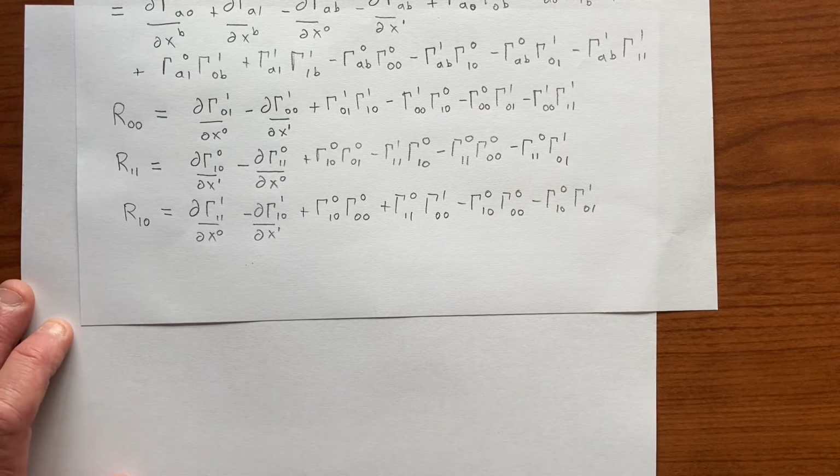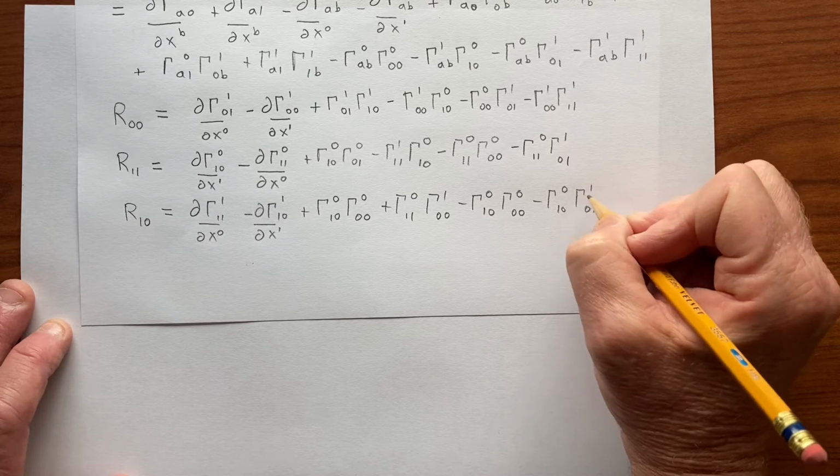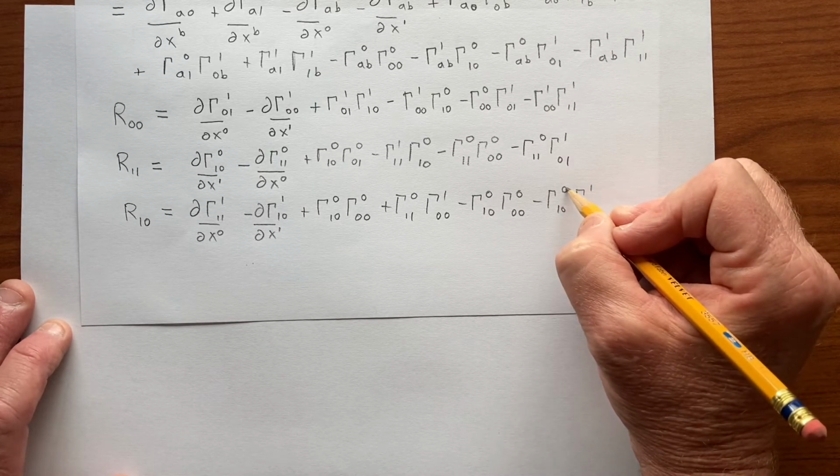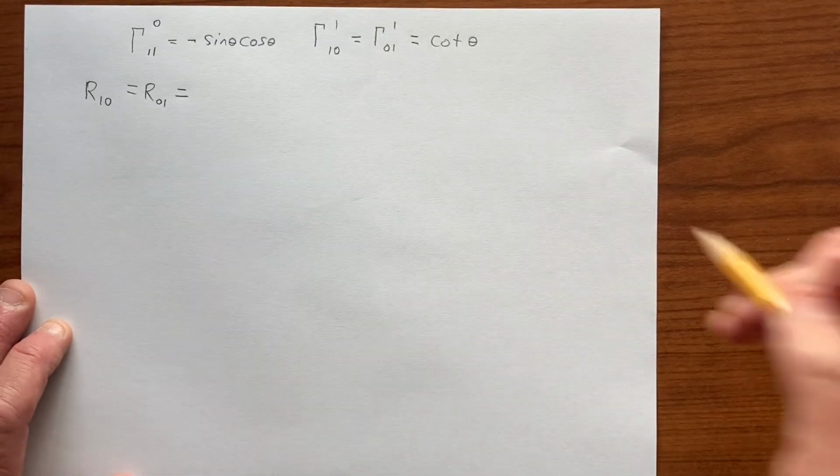Oh, but we're multiplying this, sorry, this is a 0, 1, 0, so this is 0 as well. So we get 0 for all these terms.